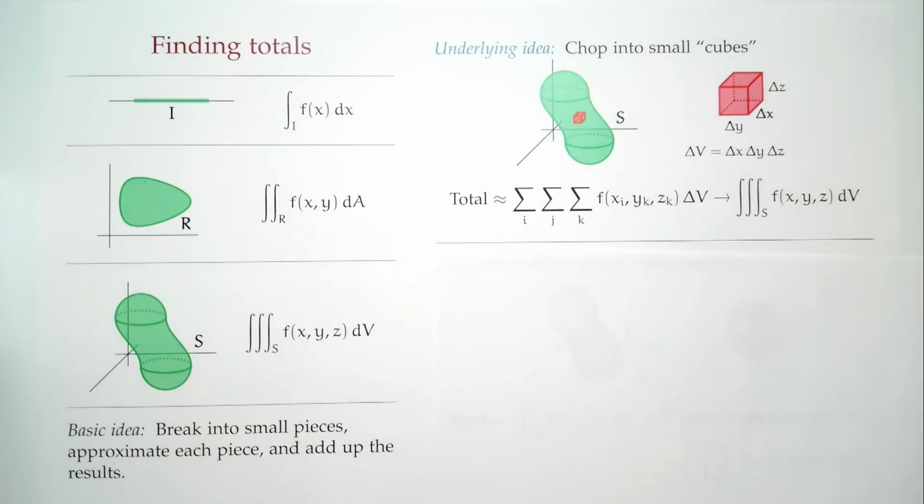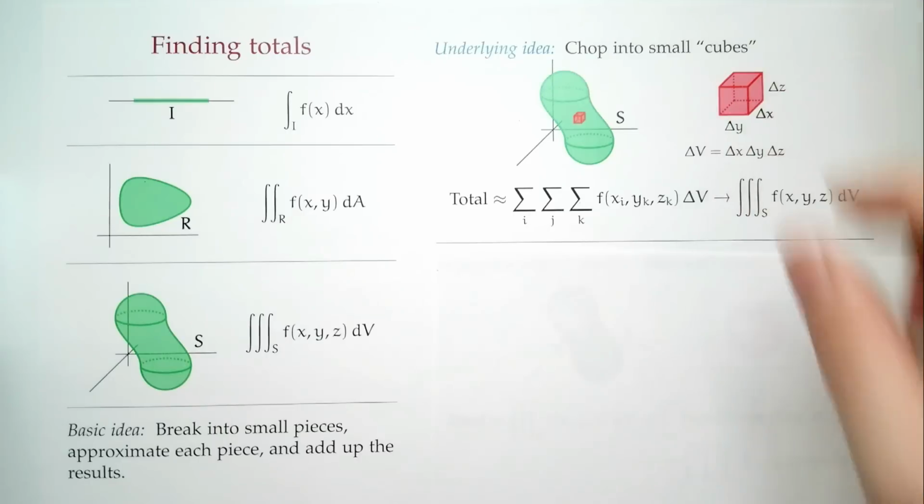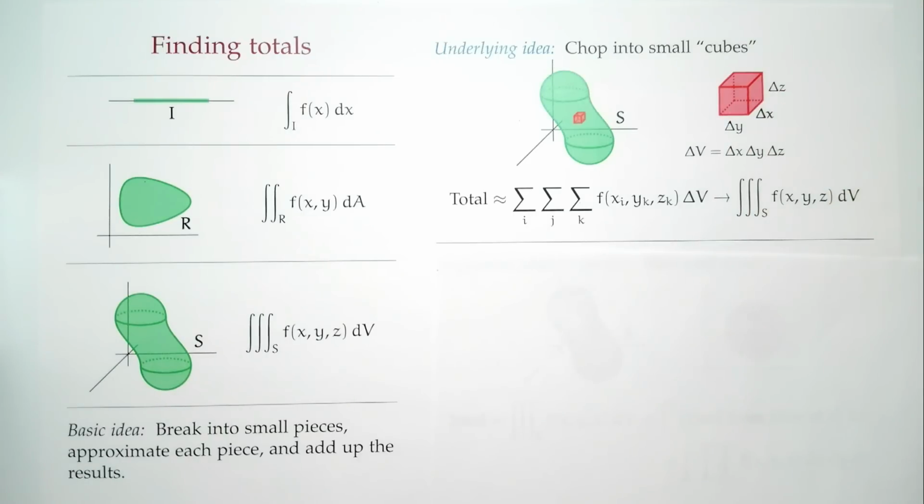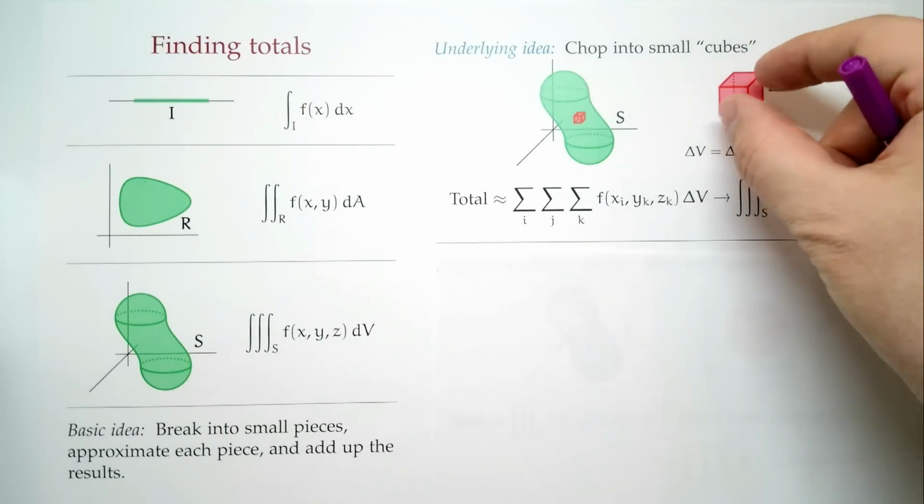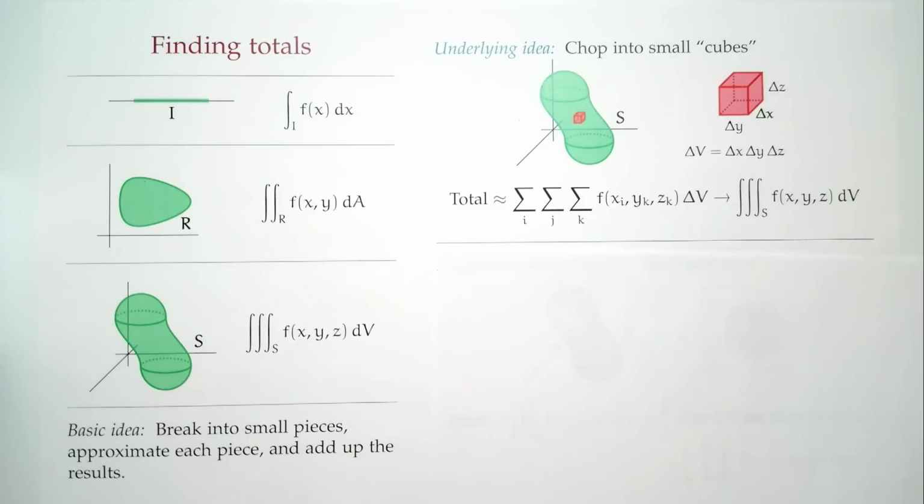Now what happens is that in the limit, as these boxes shrink down to size 0, your approximation gets better and better. And if the limit exists, we say that's the integral, and that's what we denote by this triple integral of our solid.